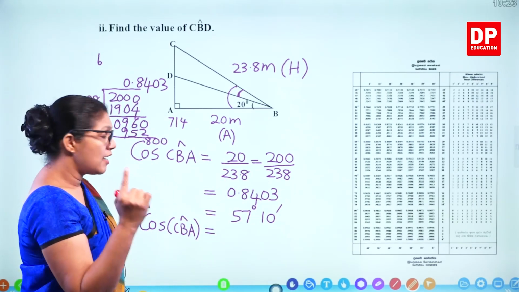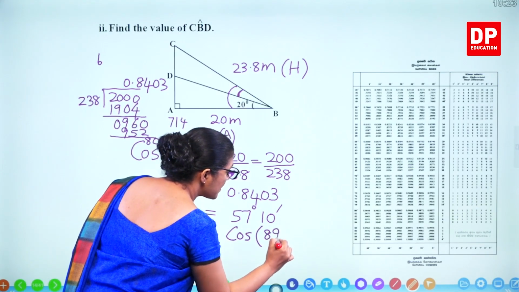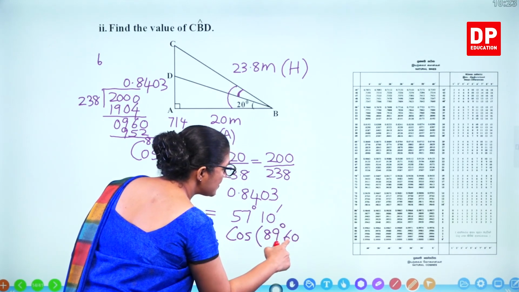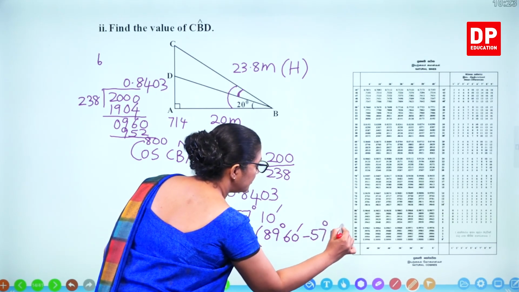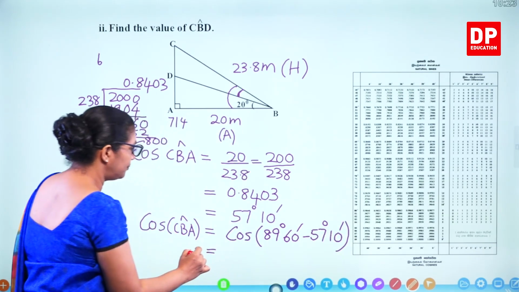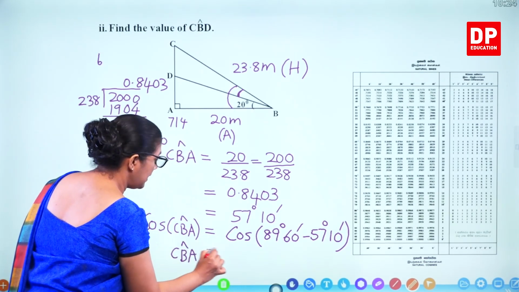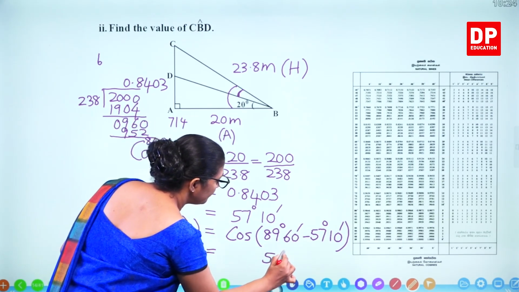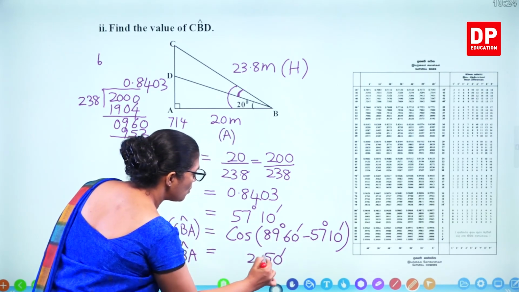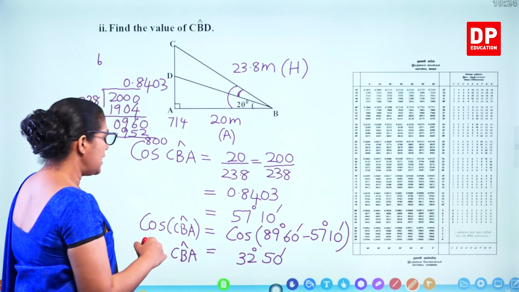But 90, how can you write? Because we refer cos of 90 means 89 degrees and 60 minutes minus 57 degrees 10 minutes. So the CBA angle is, subtract 60 minus 10, 50, 2 and 3, 32 degrees and 50 minutes.